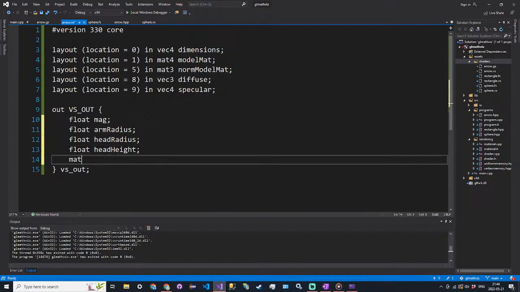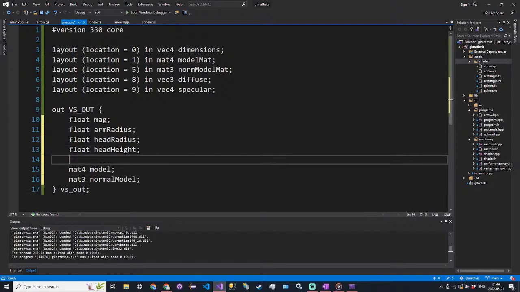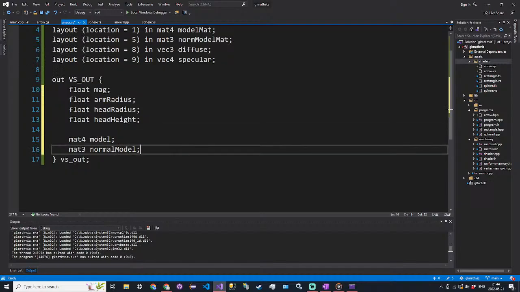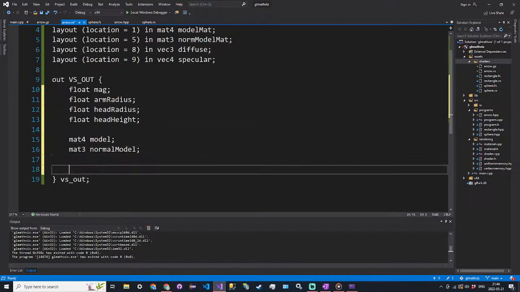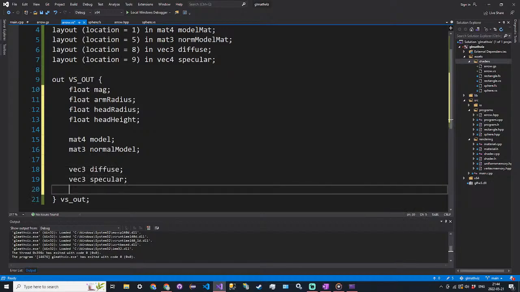And then we do a mat4 model and a mat3 normal model. And then we need to pass in colors. So vec3 diffuse and vec3 specular, and then float shininess.